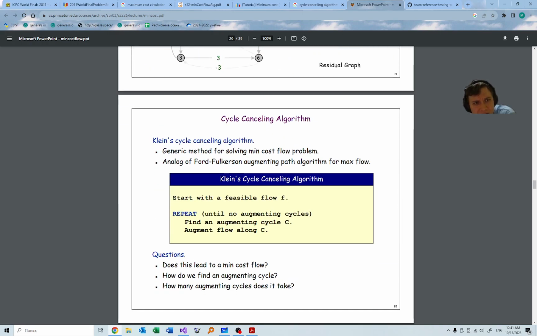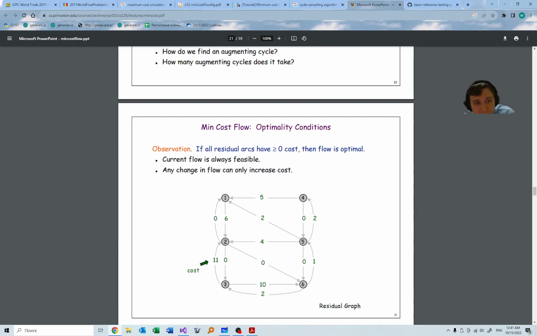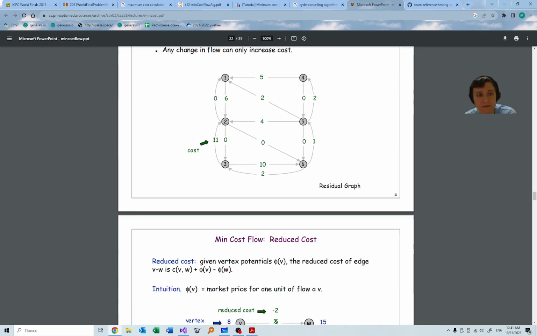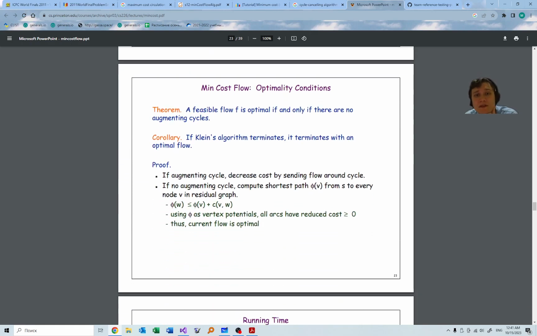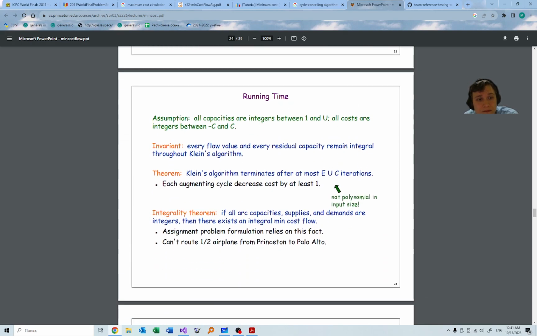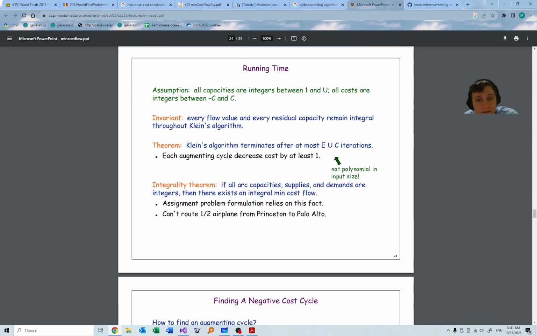Klein cycle canceling algorithm. This is great, but it is really slow. I do not want it. This is not nice.